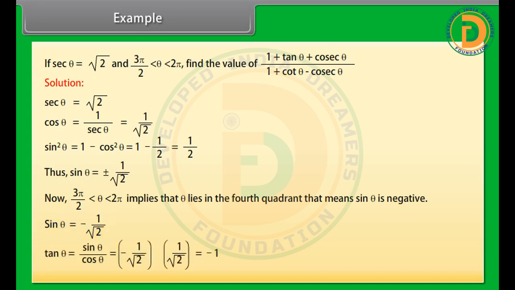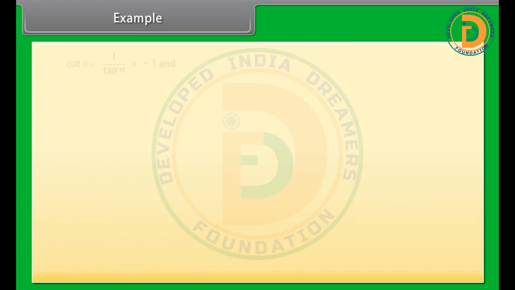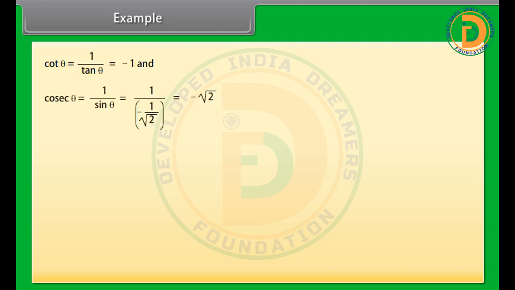Tan of theta is equal to sin of theta by cos of theta is equal to minus 1 by under root 2 upon 1 by under root 2 is equal to minus 1. Cot of theta is equal to 1 by tan of theta is equal to minus 1, and cosec of theta is equal to 1 by sin of theta is equal to 1 by minus 1 by under root 2 is equal to minus under root 2.